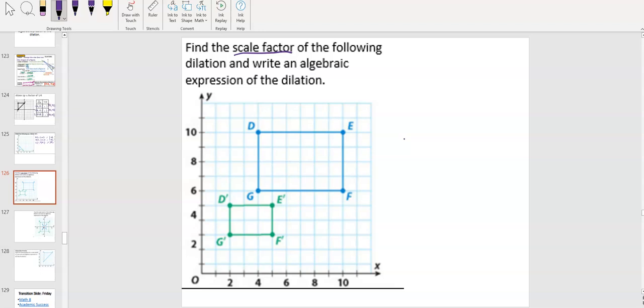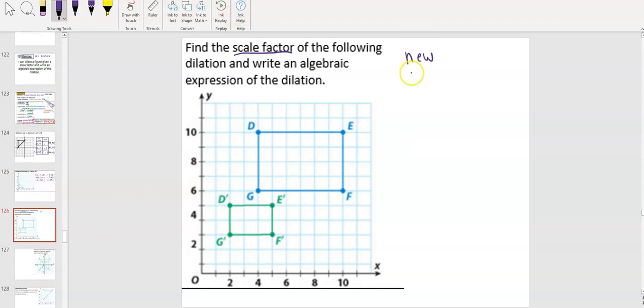Remember that a scale factor is the new image divided by the original image, or the image prime divided by the pre-image, not prime, okay?